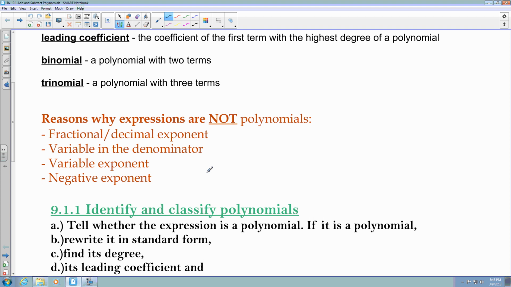Is the variable in the denominator? So if x is in the denominator, it cannot be a polynomial. If the variable is an exponent, so if I say like 5 to the x power, that means that it's not a polynomial. And the last thing is if we have a negative exponent, like say 3 to the negative 4 power.